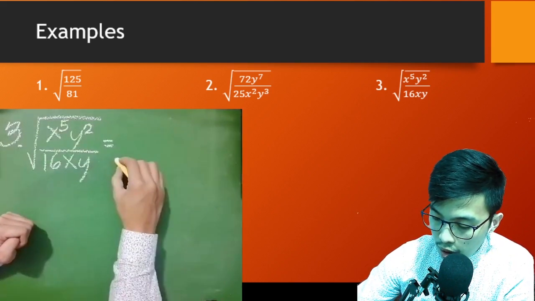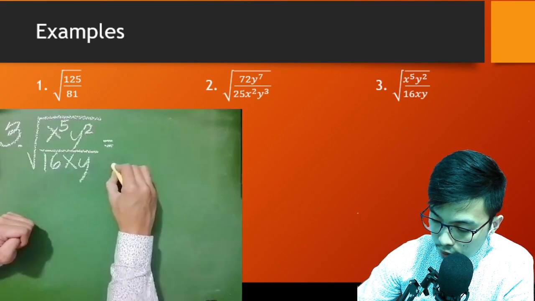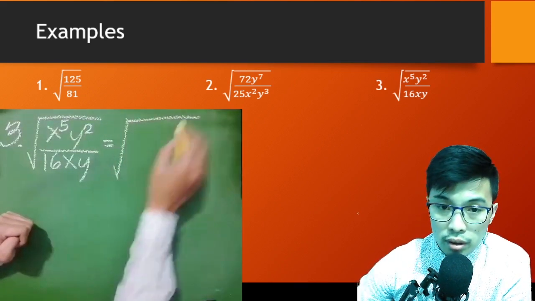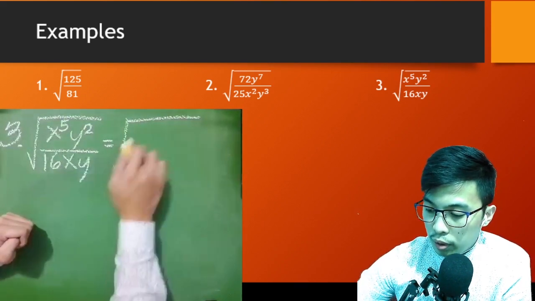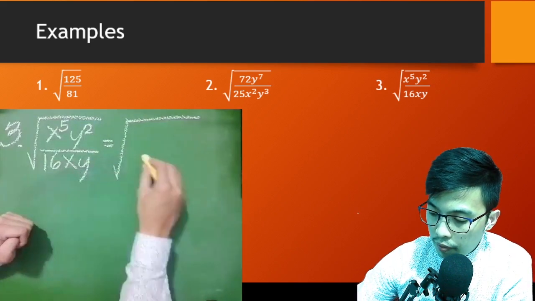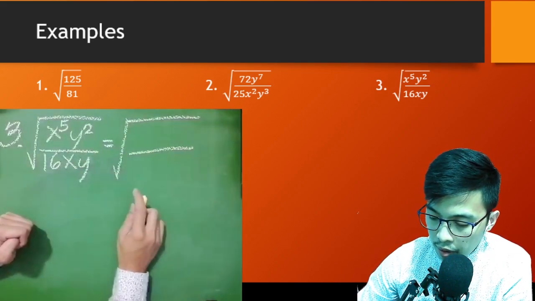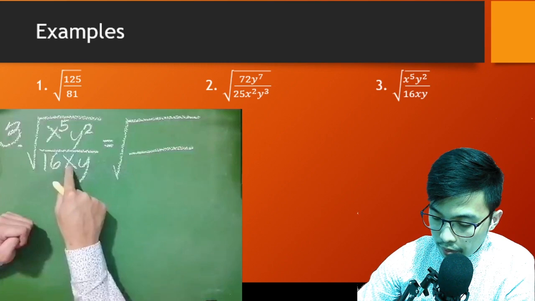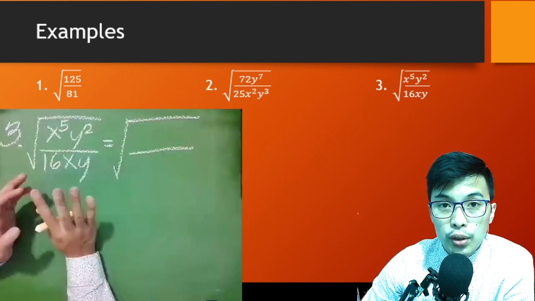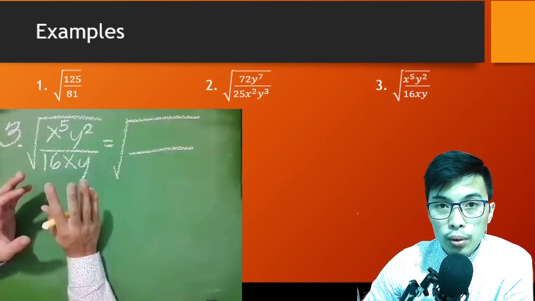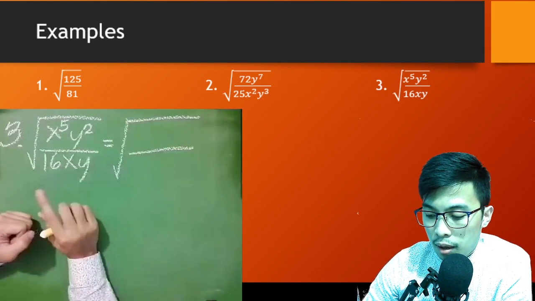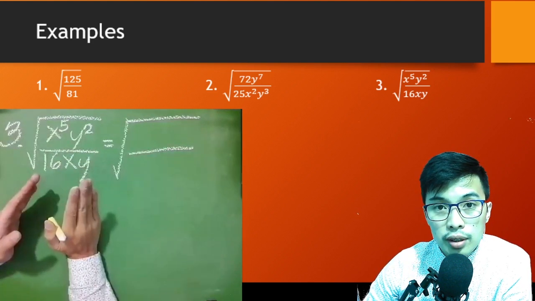So we write the square root sign, and then we simplify. Sulat natin.